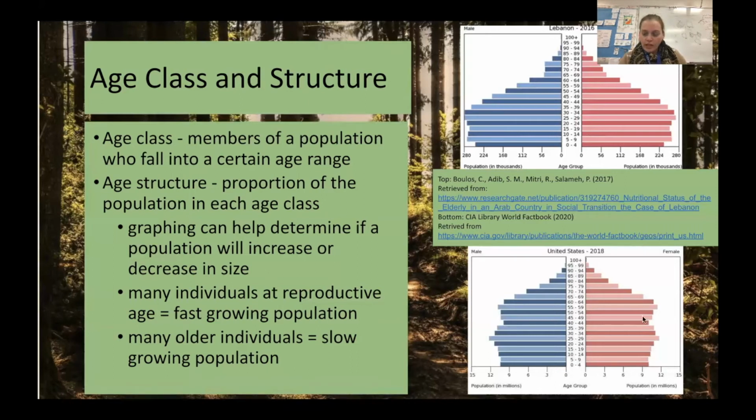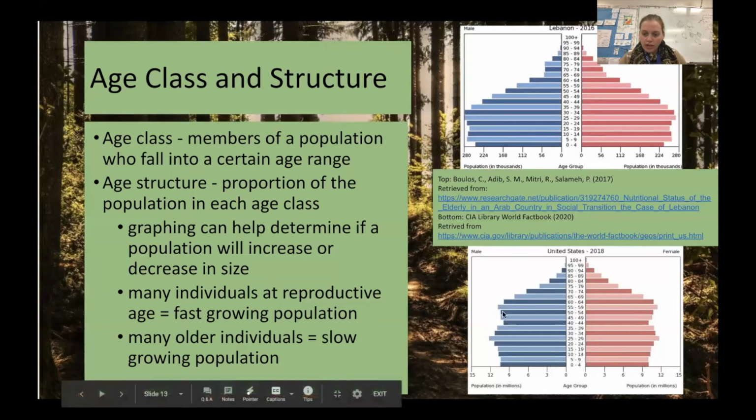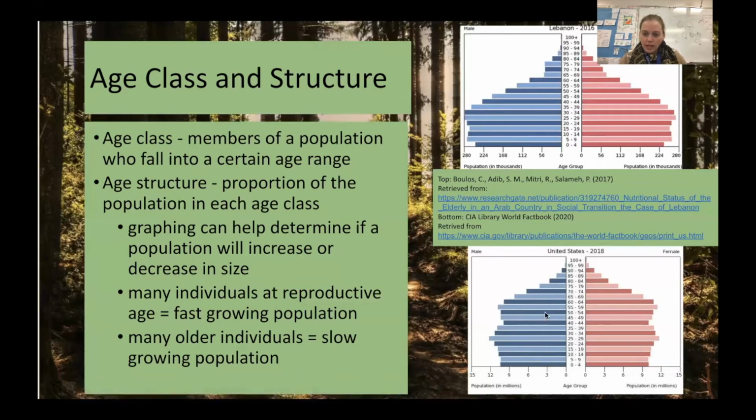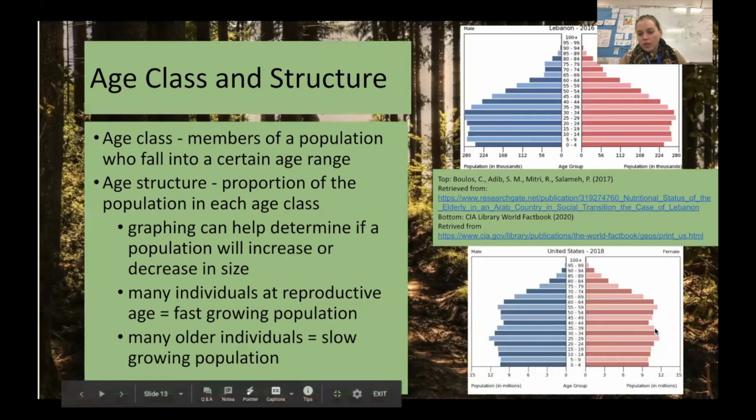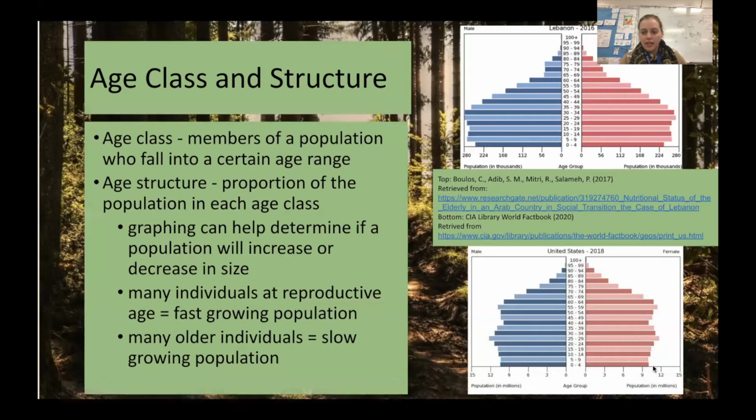If we look down here, you will see that you don't have a big difference here. There's pretty much the same number of people who are young as we have at the end of the life expectancy. So when you have these columns that are pretty straight, you have a population that's staying the same.